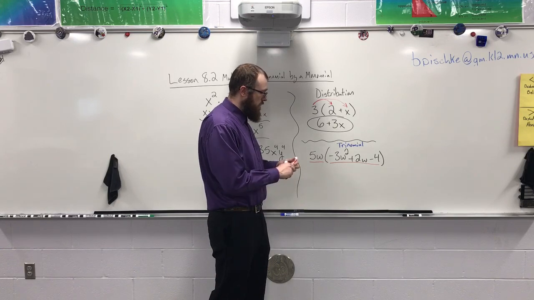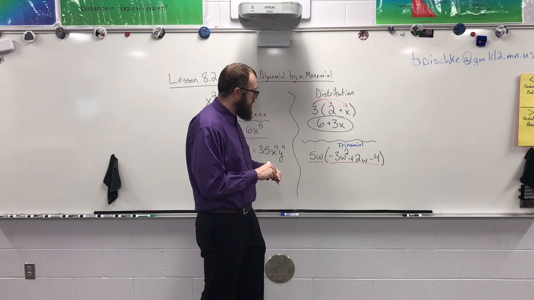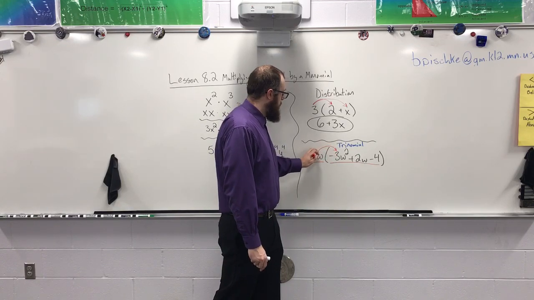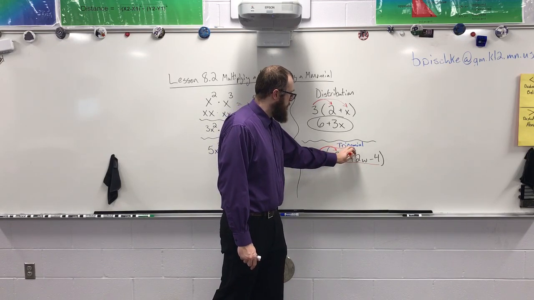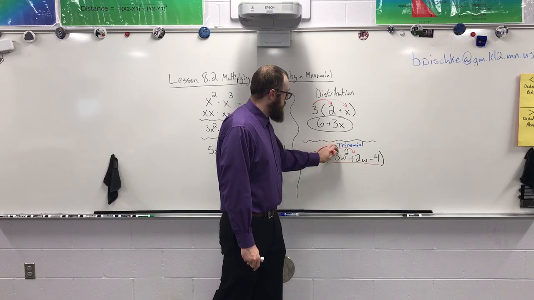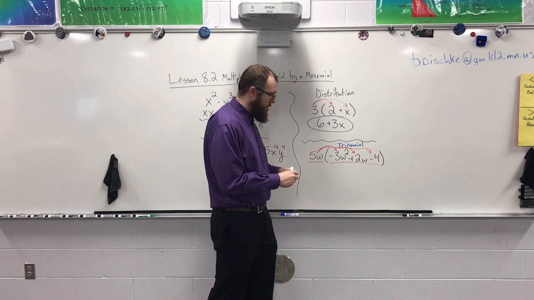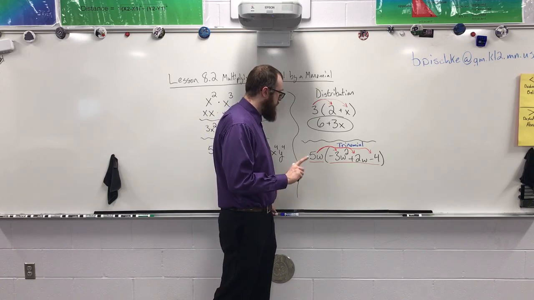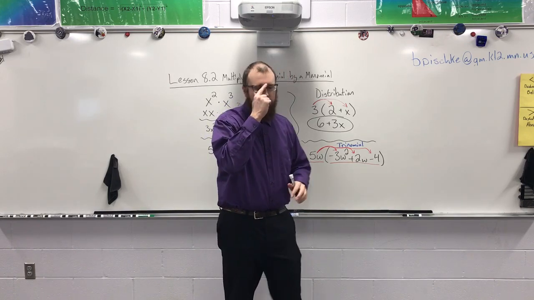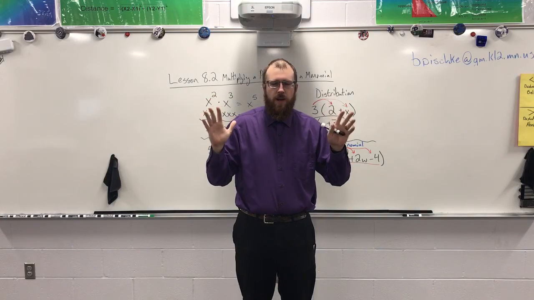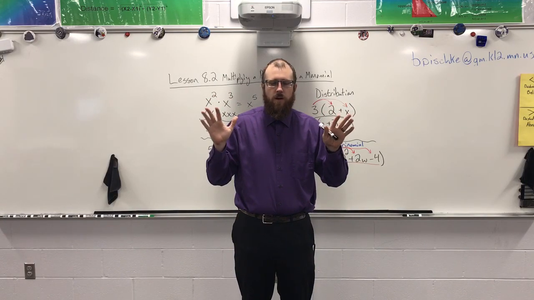Now I'm going to take this monomial and I'm going to distribute it in. When you're doing this, take your time, do one piece at a time. If you try to do this whole thing all at once in your mind, you're going to get very overwhelmed.